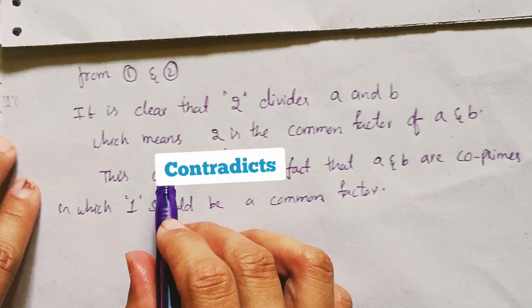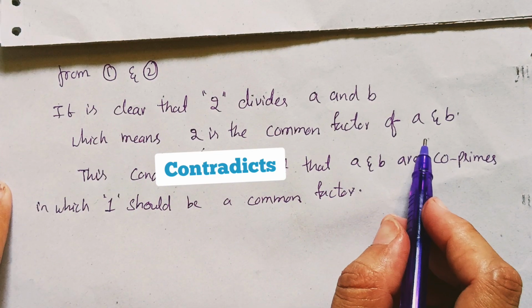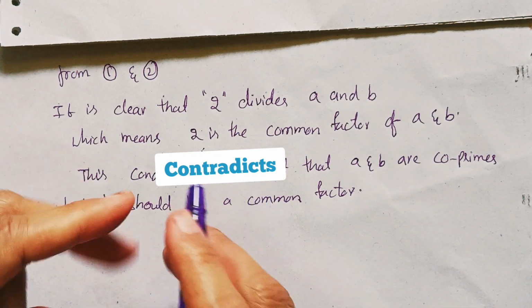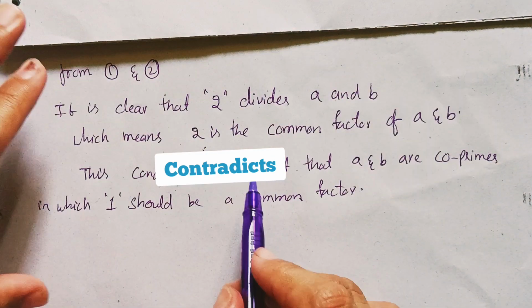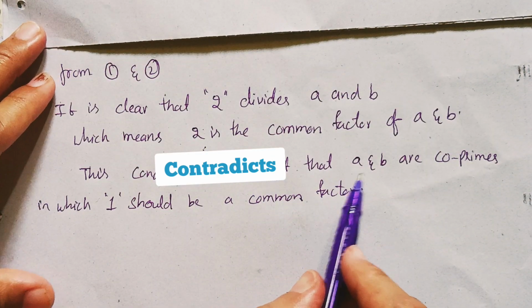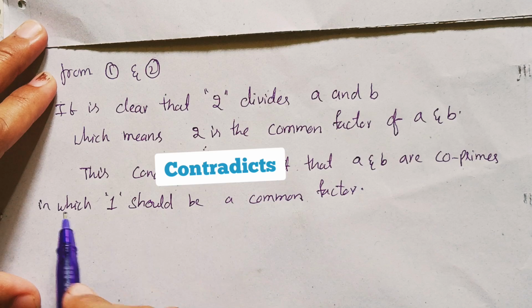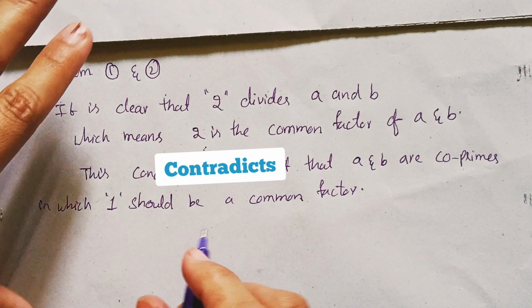Okay, so here 2 is the common factor of A and B. That's why this contradicts, which means it is opposite to the fact that A and B are coprimes.